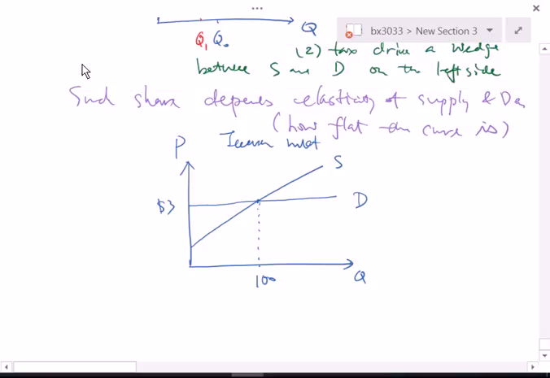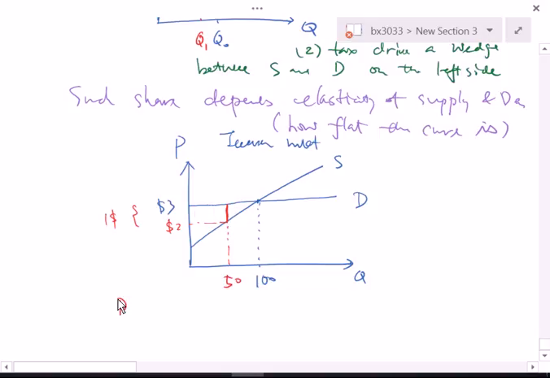This tax rate drives a wedge between supply and demand by the amount of the tax rate, which is $1. Quantity drops to 50, let's say. So now this is $2, so that difference is $1. That's the tax rate. So in these cases, consumers still pay $3 for ice cream.